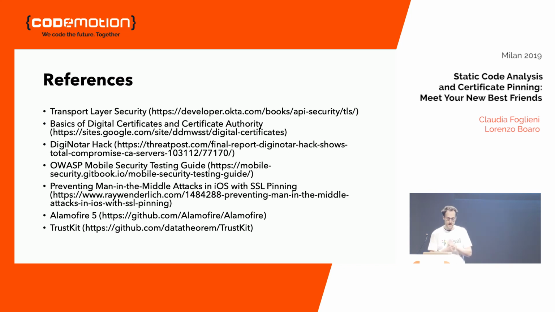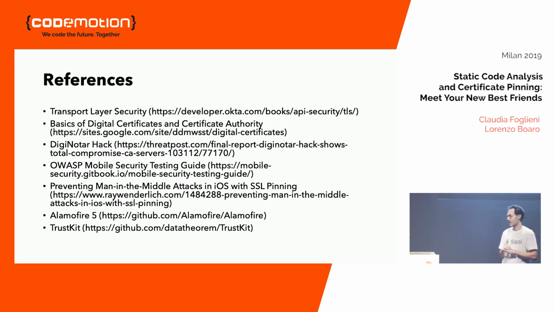So here I put some references about certificate pinning. You have a lot of resources out there. You have, for example, a link to Preventing Man in the Middle Attack in iOS with SSL pinning. It's by me, but it goes through certificate pinning, and then you can verify it with Charles Proxy as well.